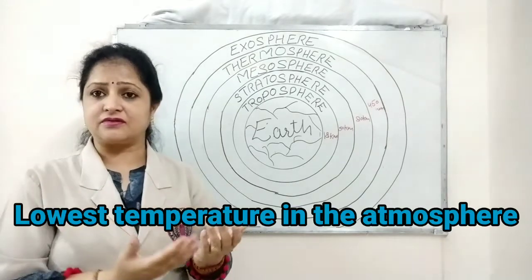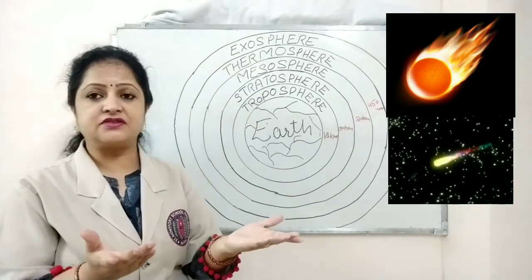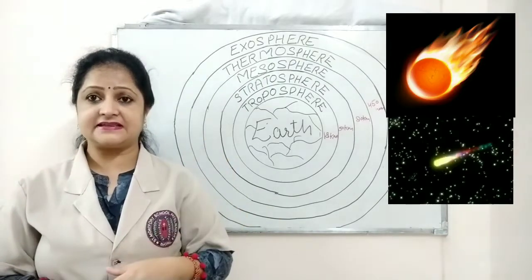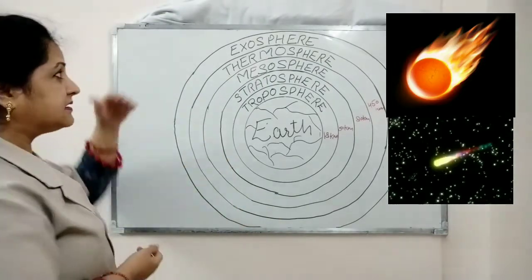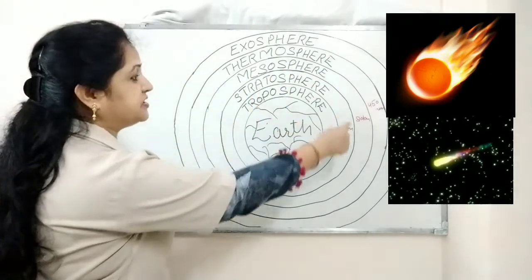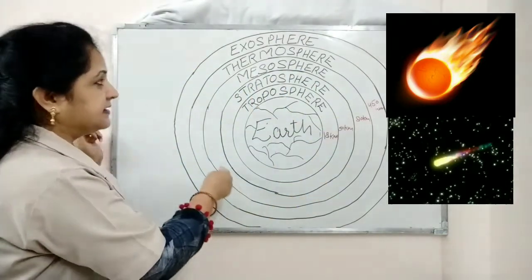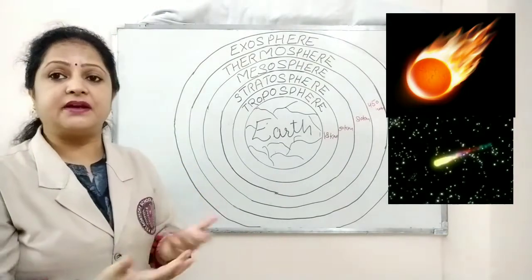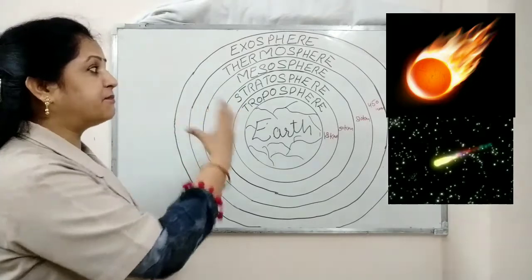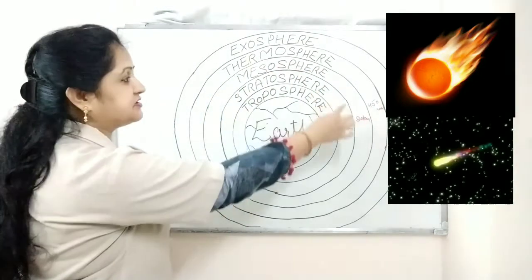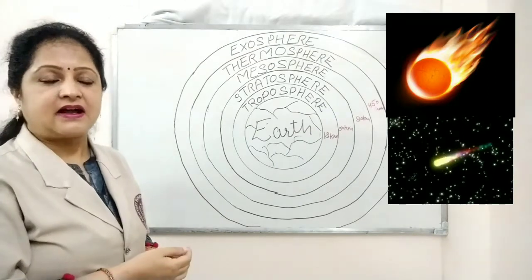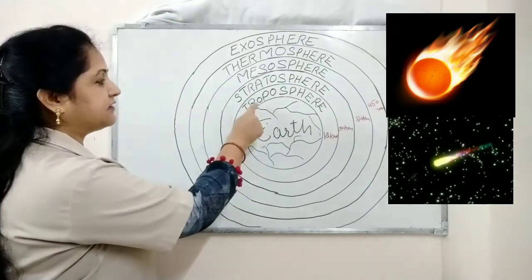You have already learned about meteors in your previous classes. Meteors that enter the atmosphere start burning when they reach the mesosphere. They burn up completely in this layer, so most meteors do not reach the surface of the earth.